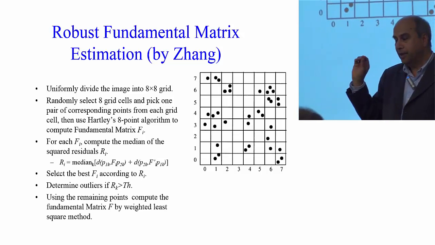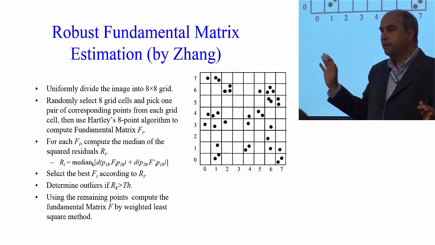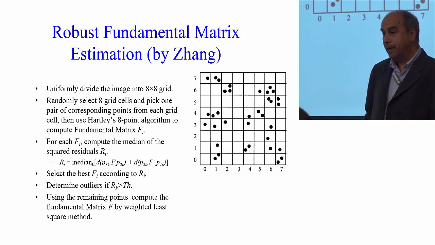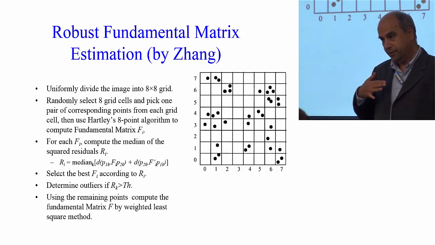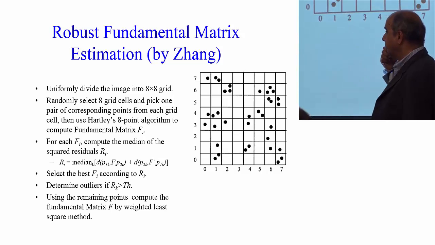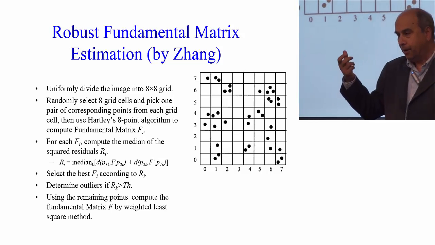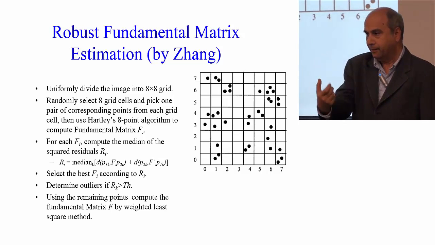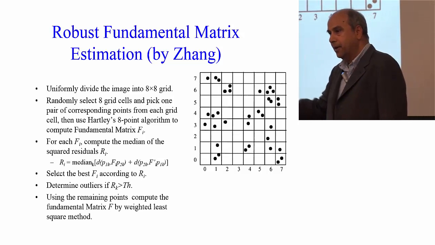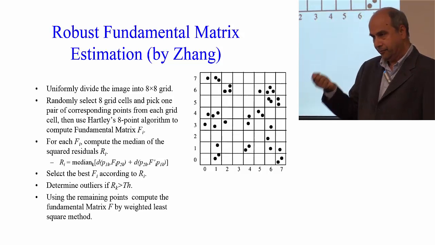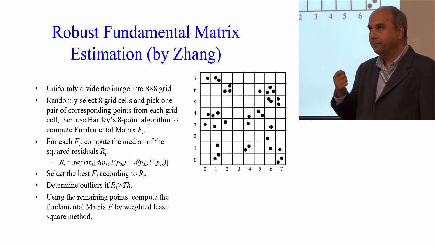Using that fundamental matrix, you compute the error of all remaining points. You have lots of errors of points. Then you add up all the errors for this fundamental matrix and pick the one which has the least error. That's the first step.